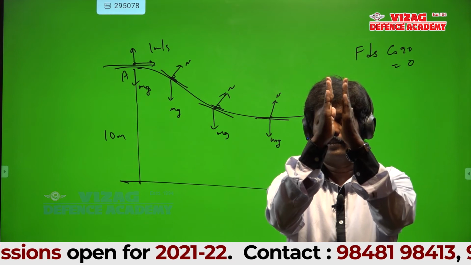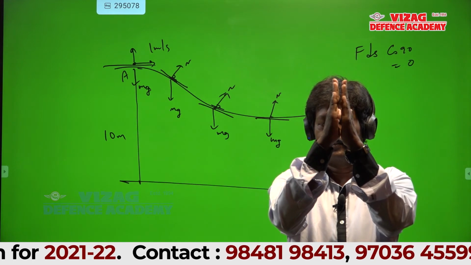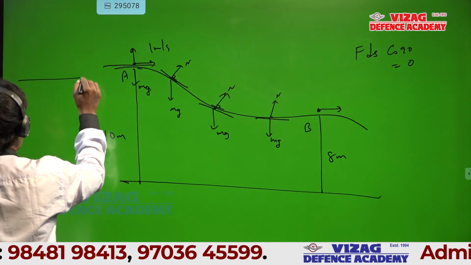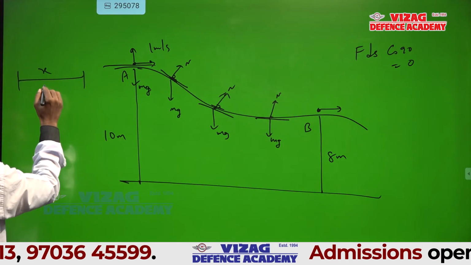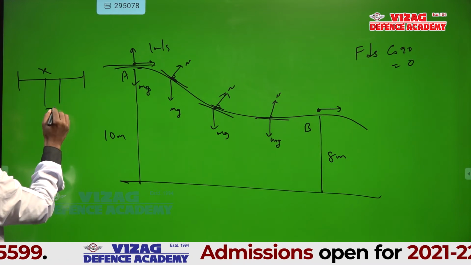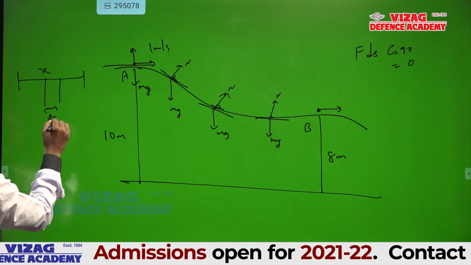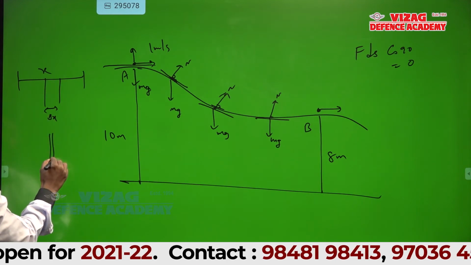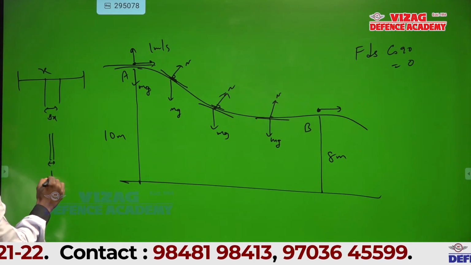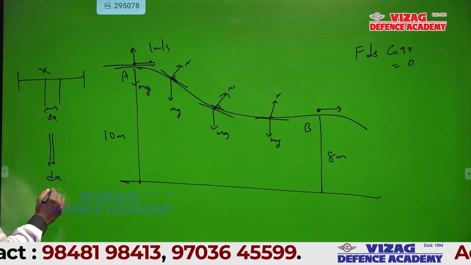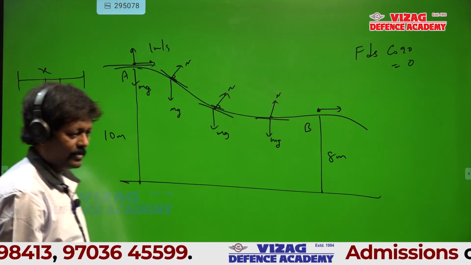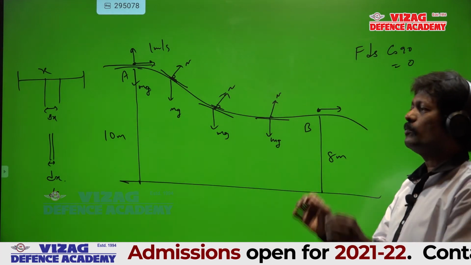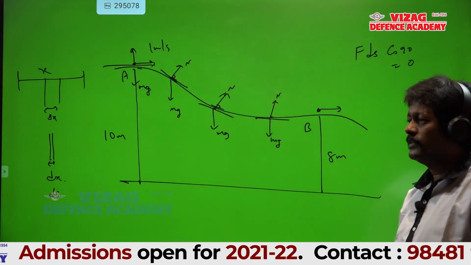That small quantity, if I compress it more, extremely small gap, that is called dx or ds. That small gap is called delta x.